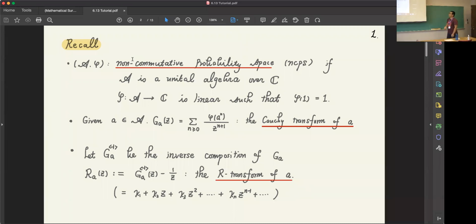First example: we go back to the classical probability setting and consider the space where A is L infinity. It's clearly an algebra, including the element 1.